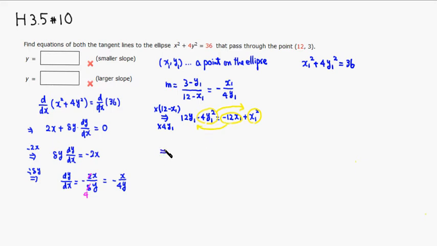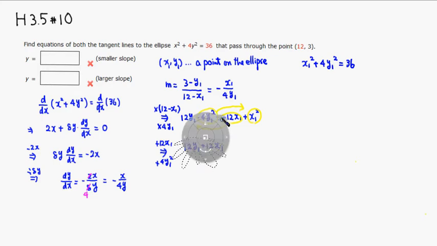What we need to do is add 12x1 and add 4y1 squared. So you end up getting 12y1 plus 12x1. It's kind of backward, so maybe I can just write it backward.